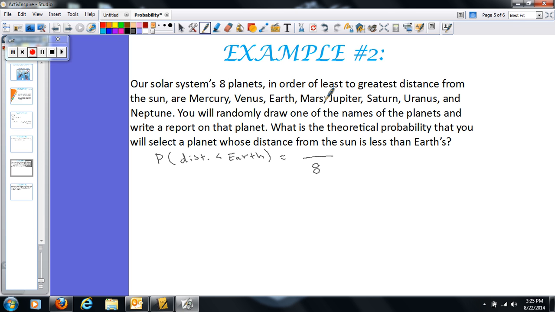These are all greater distances from the sun. So that would leave you with Mercury and Venus as your only 2 that are shorter distances. So it's 2 over 8, which is going to simplify to 1/4. So the probability that the planet you draw is closer to the sun than Earth would be 1/4.